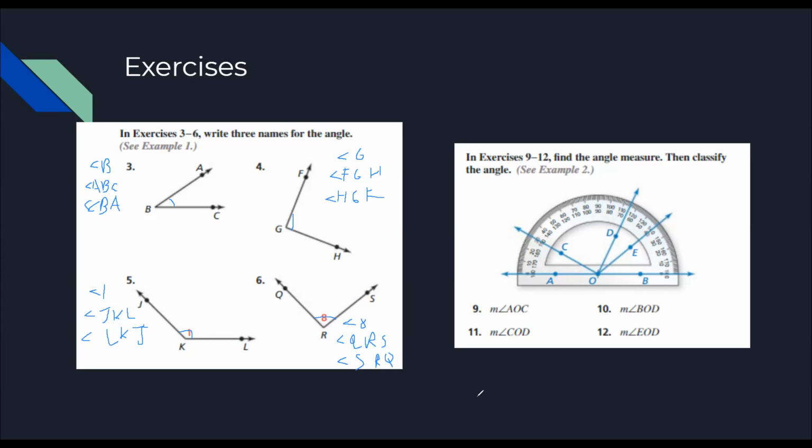Next example, in exercises 9 to 12, find the angle measures and classify the angle. All right, so for angle ALC, it's between 150 and 180, so that will be 30. And 30 degrees is greater than 0 degrees but less than 90 degrees, so it's an acute angle.